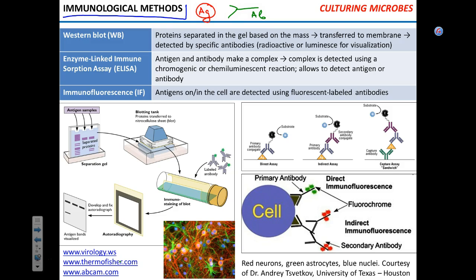It's not going to recognize measles, mumps, parainfluenza, metapneumovirus, or something else. It's going to recognize only influenza. Does that make sense? Okay? That's the whole idea of antigen-antibody interaction. So then, how you can detect what is in your sample.